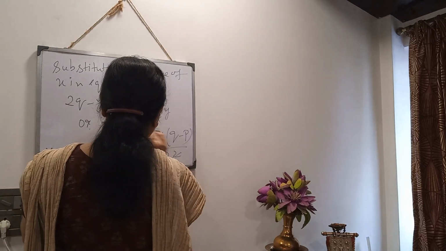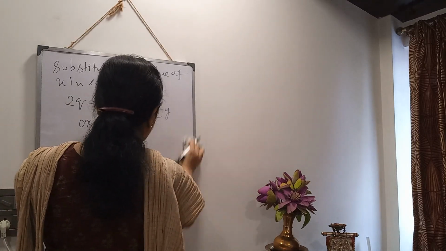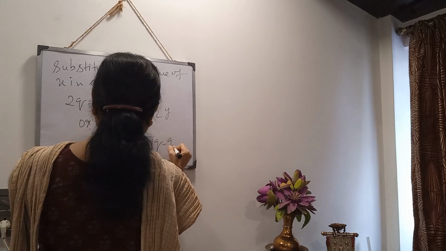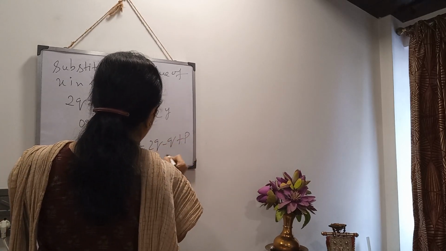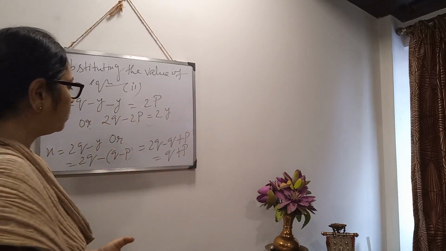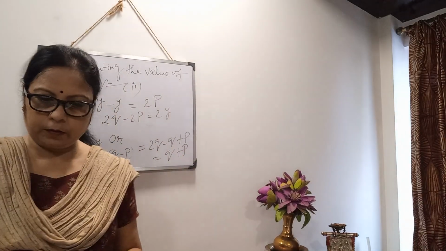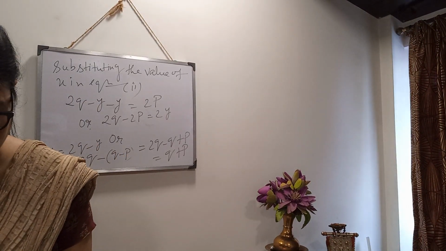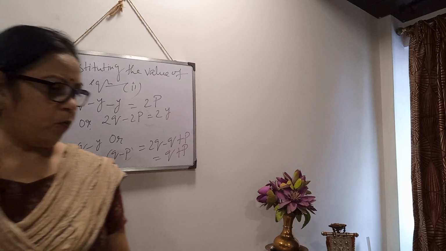So I am getting 2q minus q plus p, that is q plus p. So my x is q plus p and y is q minus p. These are the equations or not? Yes. y is q minus p and x is q plus p. These are my two solutions.